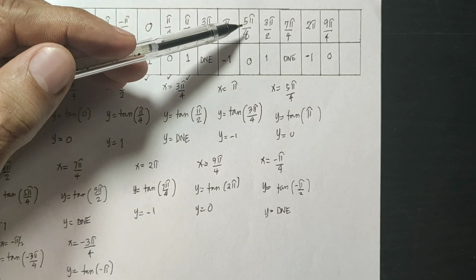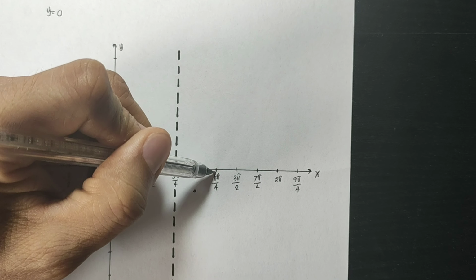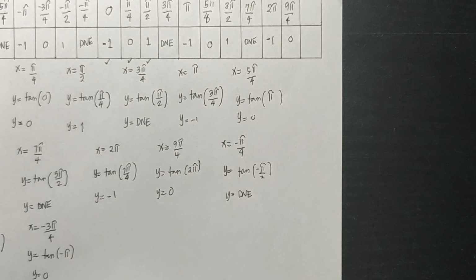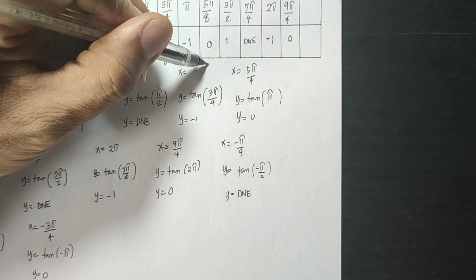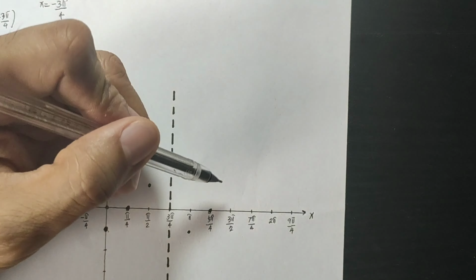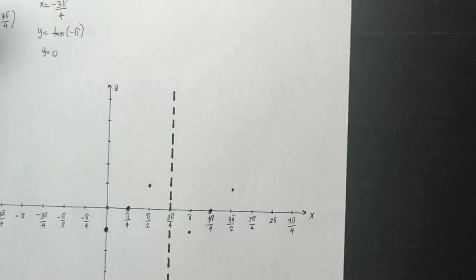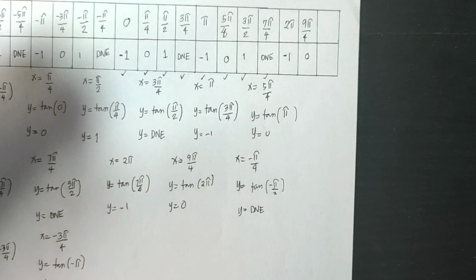Next, we have 5 pi over 4 and 0 is in here. The next one, we have 3 pi over 2 and 1. Let's put a check there. 3 pi over 2 and where is 1? It's in here. Next, we have 7 pi over 4 does not exist.